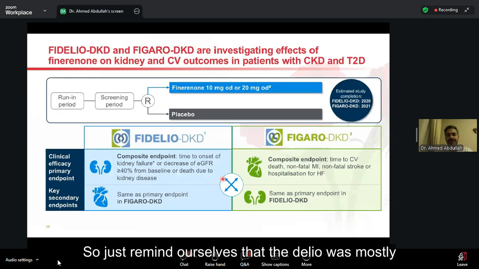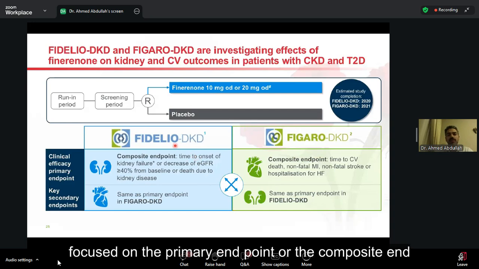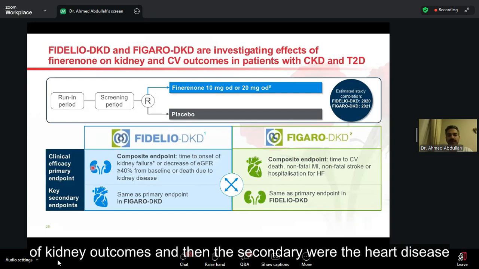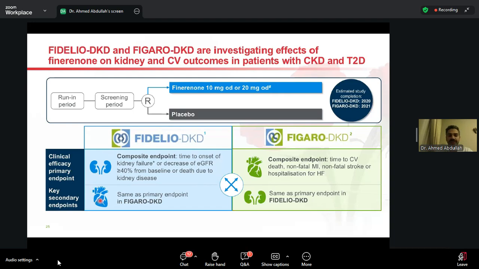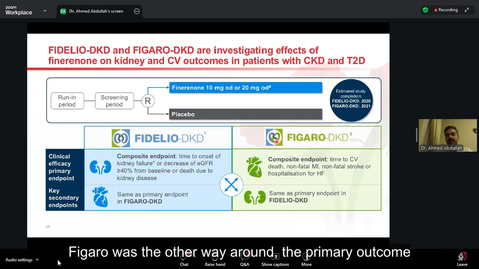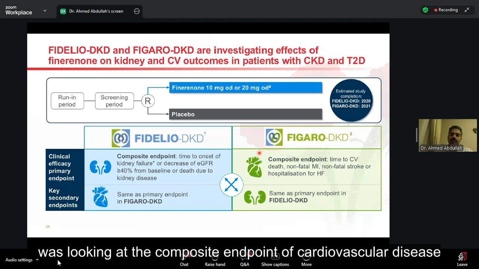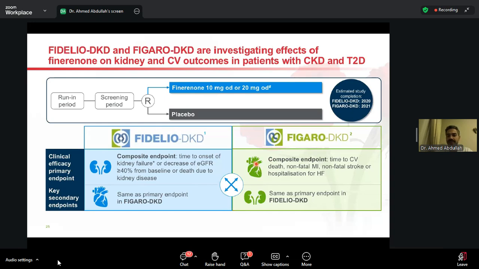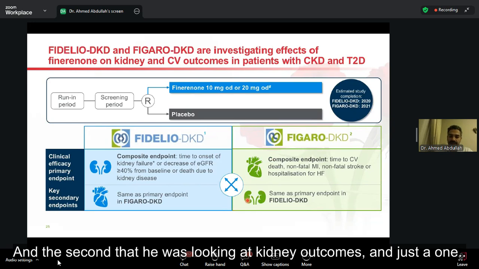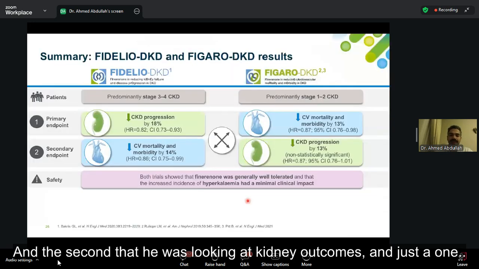Just to remind ourselves, Fidelio was mostly focused on the primary composite endpoint of kidney outcomes, and then the secondary was heart disease. Figaro was the other way around. The primary outcome was the composite endpoint of cardiovascular death, non-fatal MI, and stroke, and the secondary was kidney outcomes.